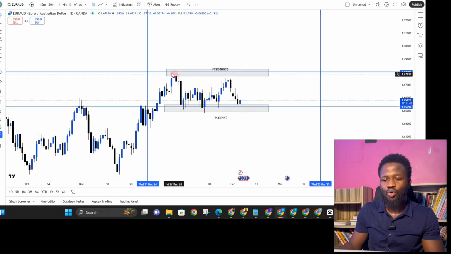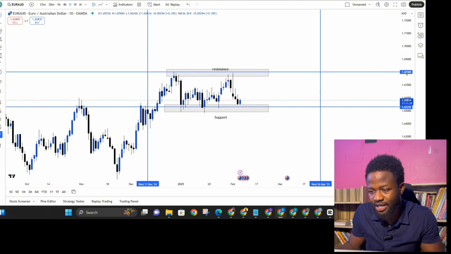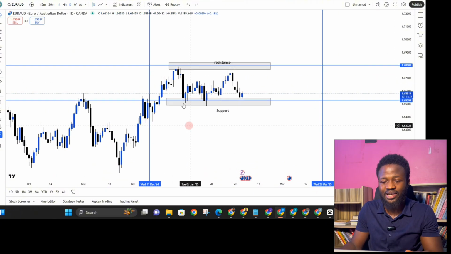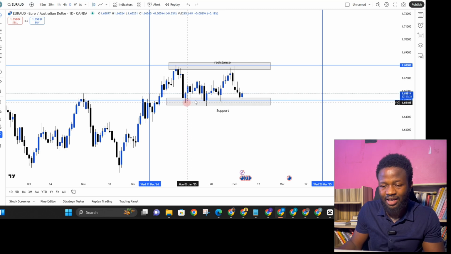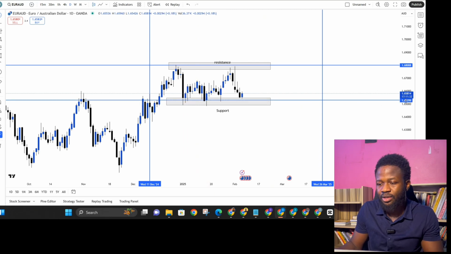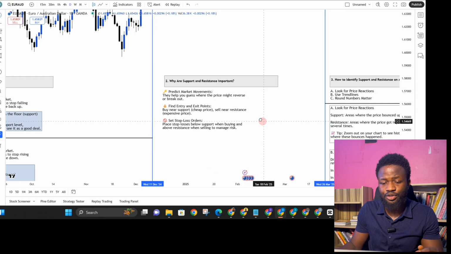This place is expensive, so I'm selling it. Expensive, why? The price here is high. But when we buy at a support zone, what happens? The price is cheaper. Imagine somebody starts buying from here. They will start losing money because the market did not even go in that direction.